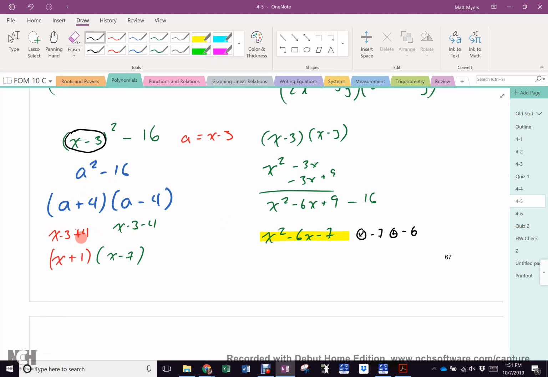Do I need to use that shortcut, or am I allowed to expand it all the way down? Or do I even care? I don't care. Because the factors of negative 7 that add to negative 6 are 1 and minus 7, aren't they? So this would be x plus 1 and x minus 7.